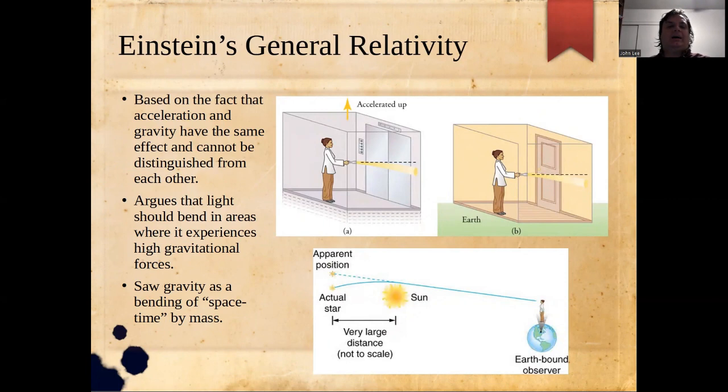So it argues that light should bend around high gravitational forces.